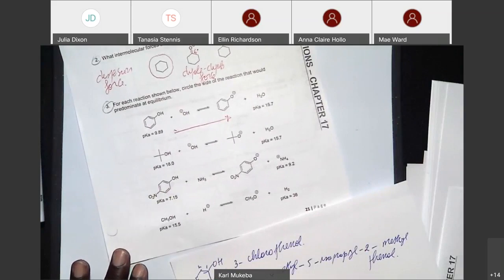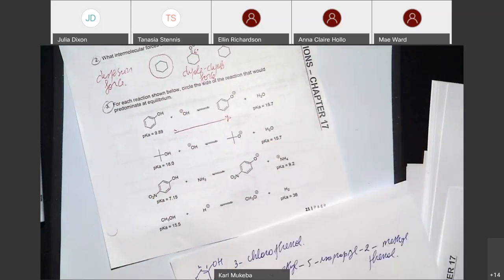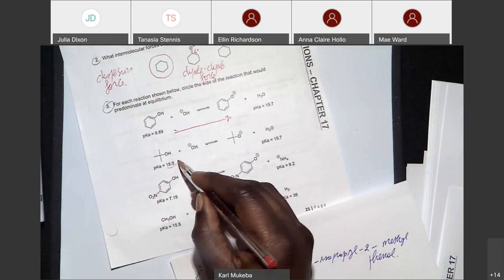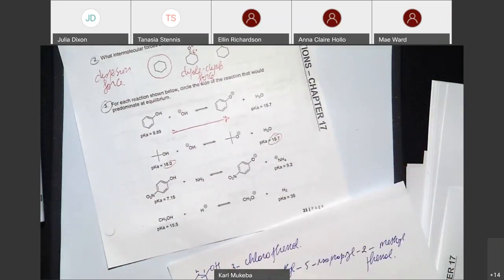So that's the direction the reaction is going. So look at the second compound. We have a pK of 18 versus a pK of 15.7.